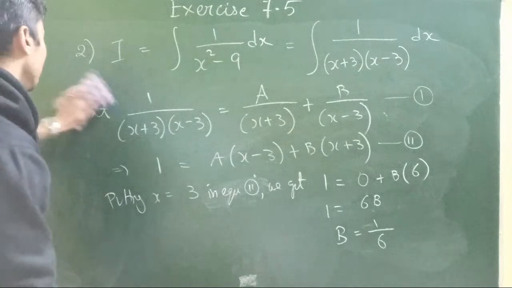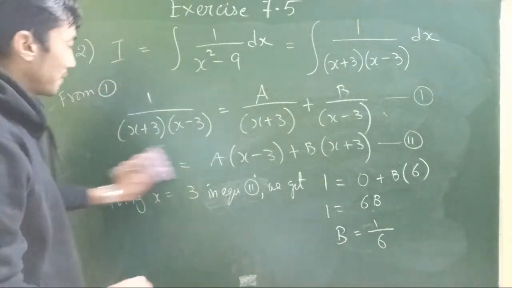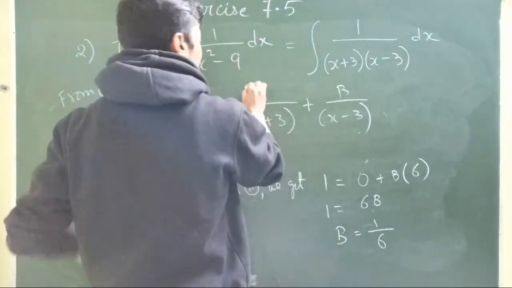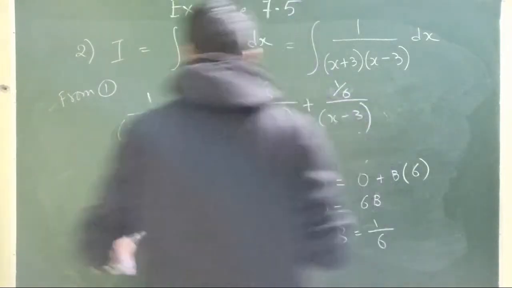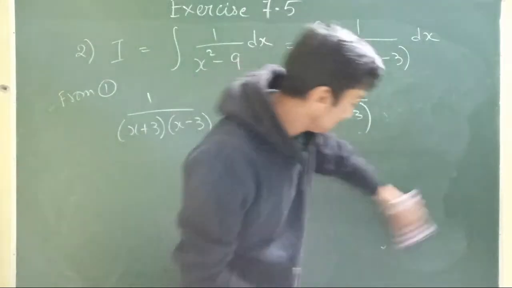Okay, so now we can go back to equation 1. From equation 1, a value is minus 1 by 6, b value is 1 by 6. So again we see that integration becomes easier.